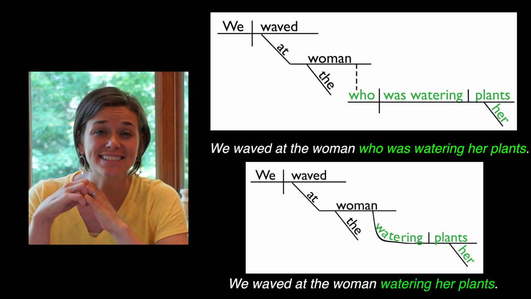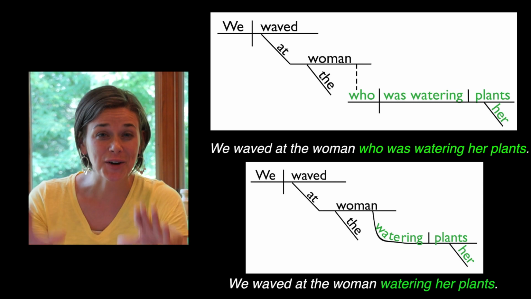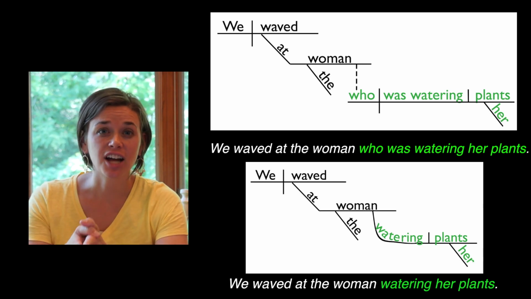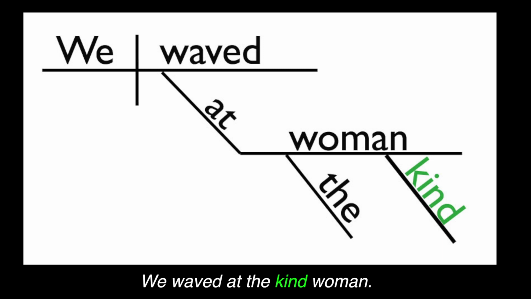They're acting as adjectives. Now I know that probably sounds crazy to you because you're used to adjectives that are just single words. Like in the sentence, we waved at the kind woman. Kind is just one word and it's an adjective modifying the noun woman.